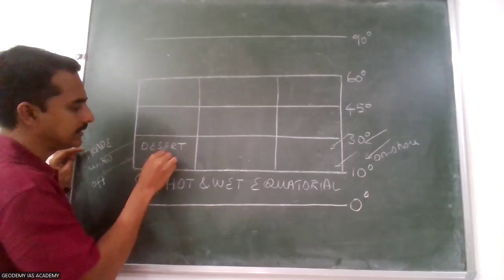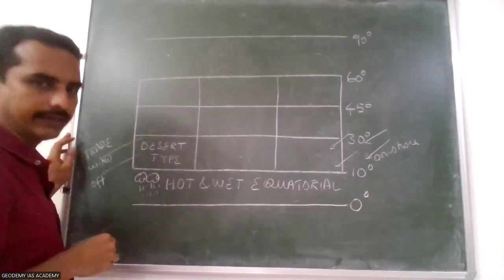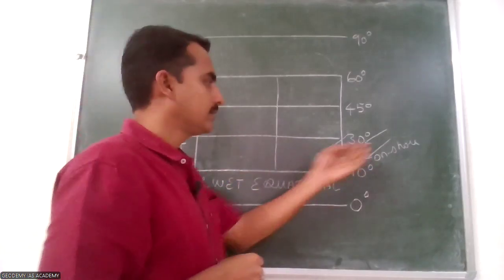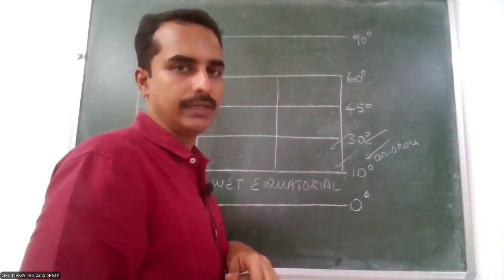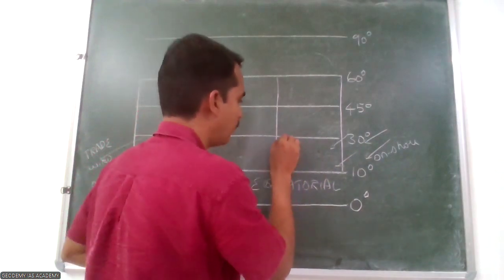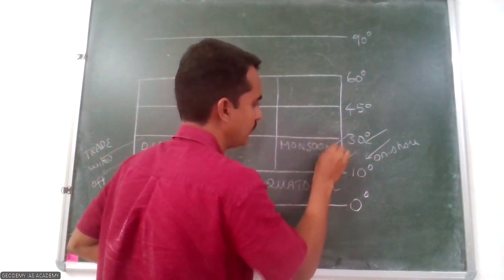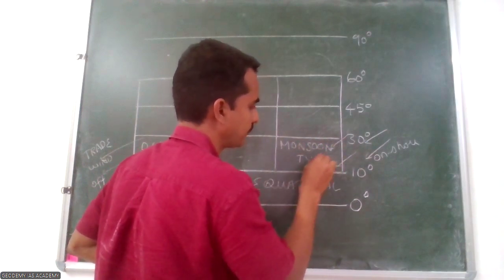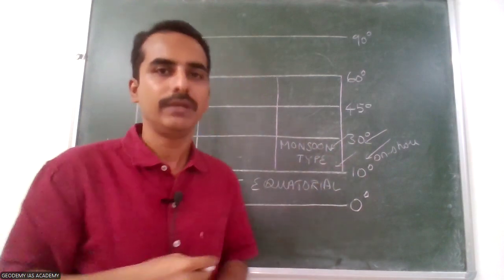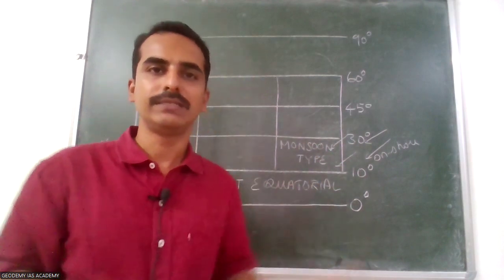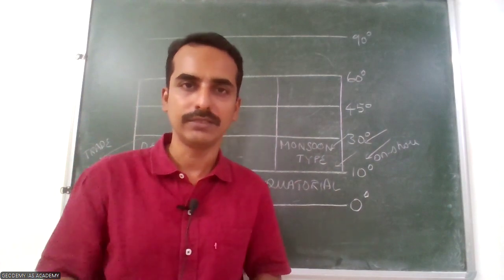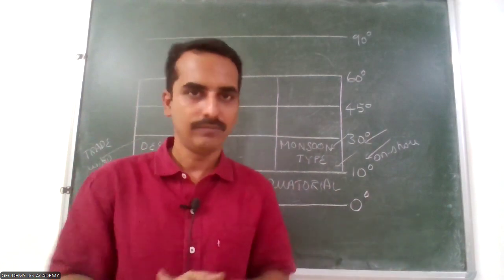Desert type climate. The deserts are mostly located here, and here in the onshore wind, the rainfall regions, it is monsoon type. Then you may raise a question that in India, the western side has southwest monsoon, the eastern side has northeast monsoon, so both regions have monsoon type.